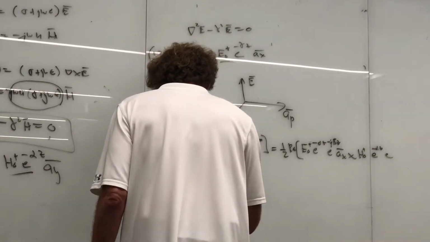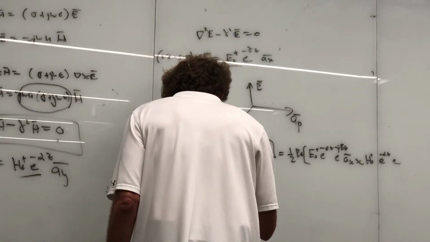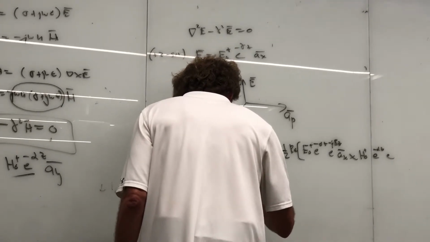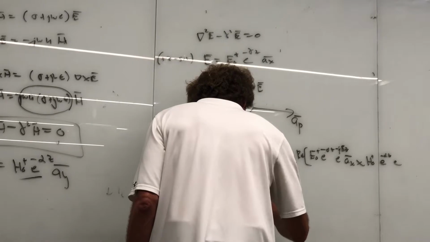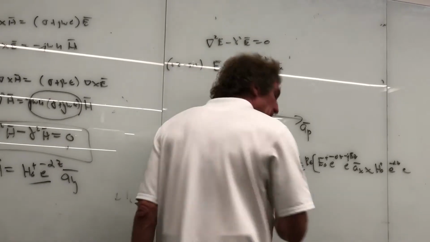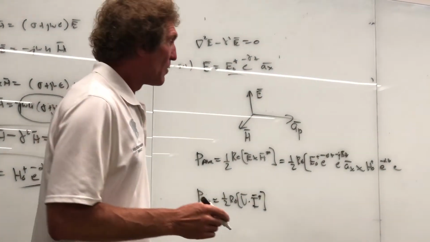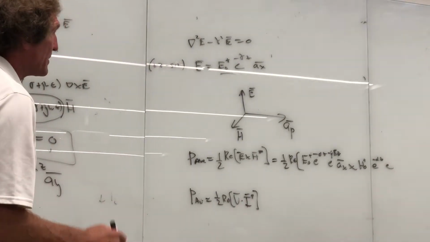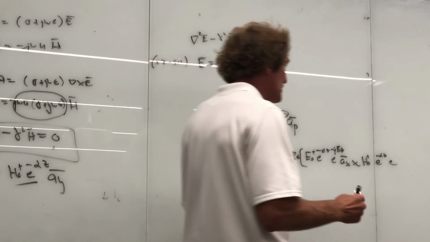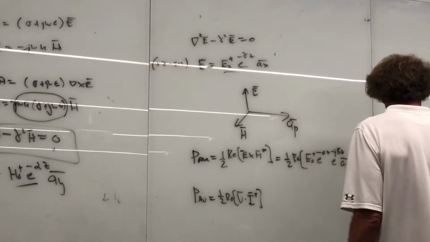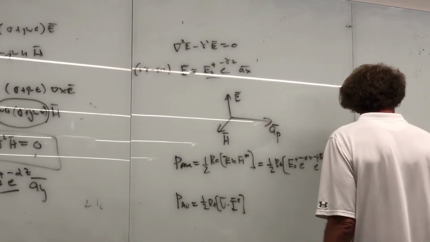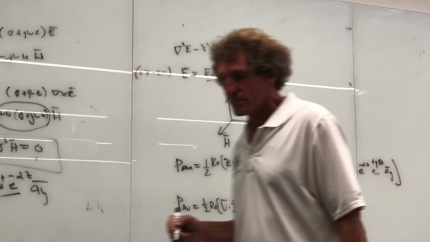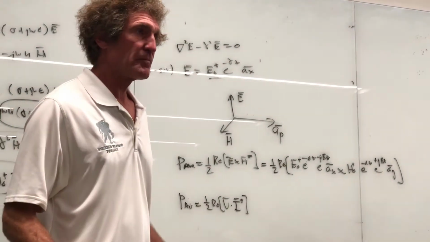Do you remember how power in circuits, average power, was equal to 1/2 the real part of V dotted with I conjugated? Do you all remember that? The I was conjugated? Well, when you conjugate the H field, that means the j beta would reverse signs, and instead of minus j beta, it would be plus j beta Z in the AY direction. Are you with me on that?